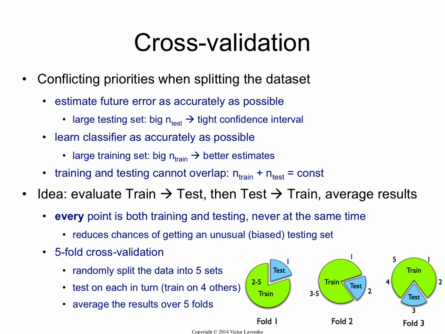Okay, good question. What is your final classifier? In the process of doing this, you will build 5 completely different classifiers, and you will test them 5 times. So computing the error rate is not a problem. You just take the average. But you cannot take the average of the 5 classifiers. What you typically do is, at the end of the cross-validation, you take all of the data points, put them all together, and train a classifier from 100% of the data.